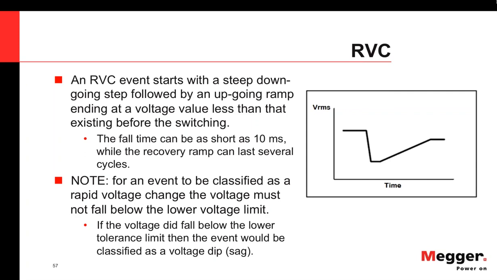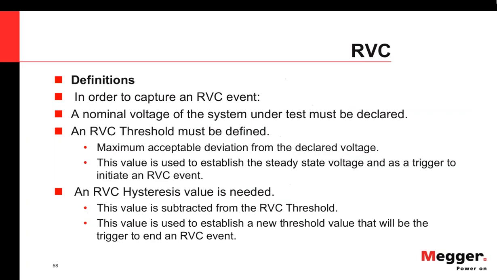One of the things to keep in mind is for an event to be classified as a rapid voltage change, it cannot deviate so much that it goes below the dip or the sag threshold. If it does, then it's a sag, not an RVC. An RVC is typically a change in voltage of about 3%. And typically we would set our limits for a sag at about 10%.